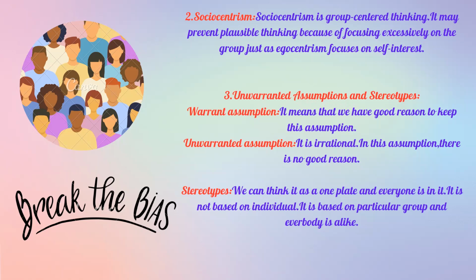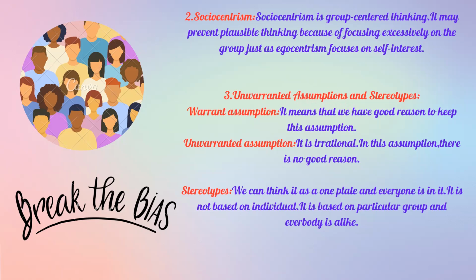And the third barrier, unwarranted assumptions and stereotypes. People always assume anything in life, but assumptions are divided into two categories. The first one is warranted assumptions. It means that we have good reason to keep these assumptions.